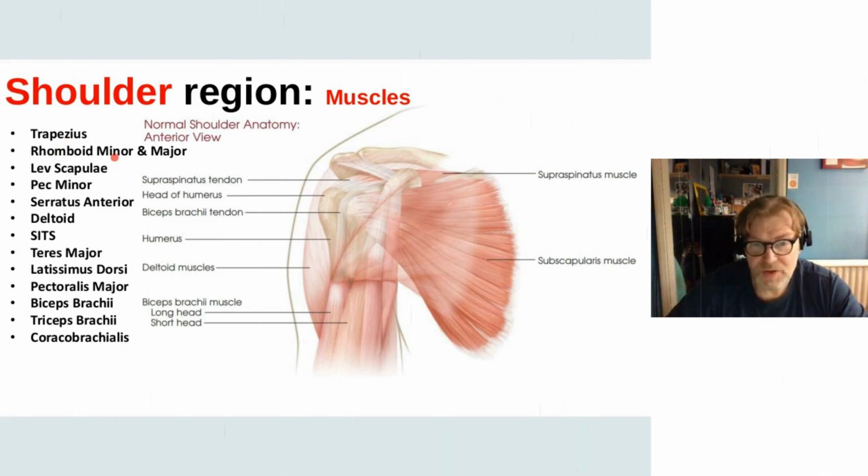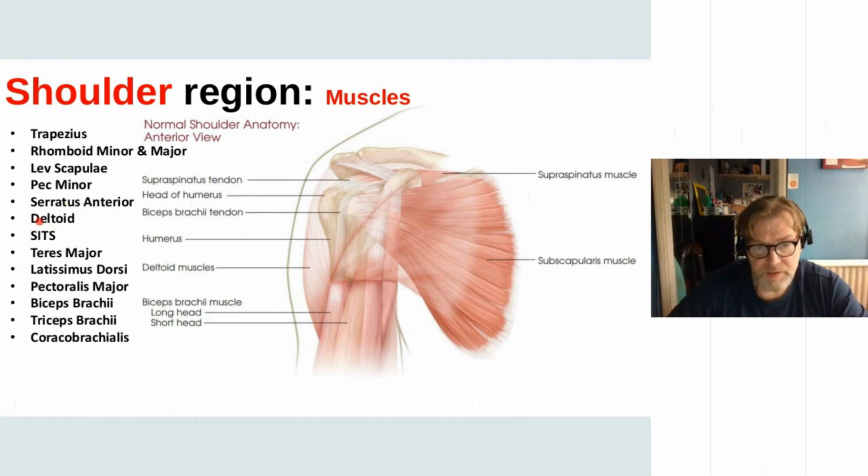The rhomboids, minor and major, sit underneath that. You know the levator scapulae sits underneath the trapezius, running to the upper cervical vertebrae. We know about the pectoralis minor, which sits underneath pectoralis major and attaches to ribs 3, 4, and 5. We know about serratus anterior, which runs from the anterior medial border of the scapula and attaches to ribs 1 to 9. And those would be your shoulder girdle muscles.